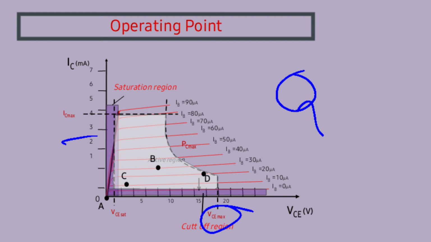The maximum power constraint is defined by this curve, that is PC max in this figure, and at the lower end of the scales are the cutoff region, which is defined by IB less than or equal to 0 milliamps, and the saturation region, which is VCE less than or equal to VCE sat.